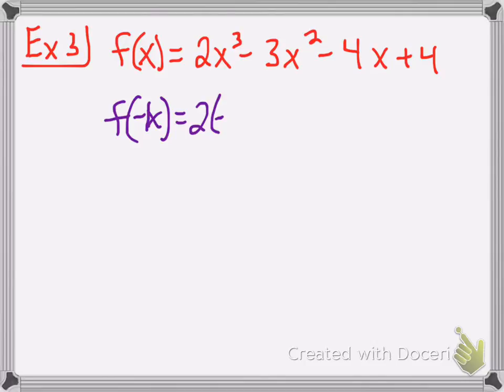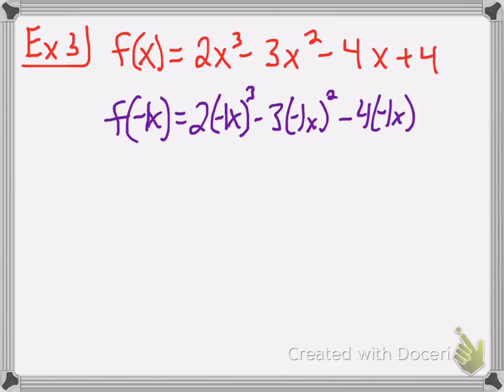Now, here's a hint. Sometimes you could get away with it. Right now I'm plugging in negative x, just like I did in the example. If you look at that last term, positive 4, there is no variable x to plug in at the end of that.